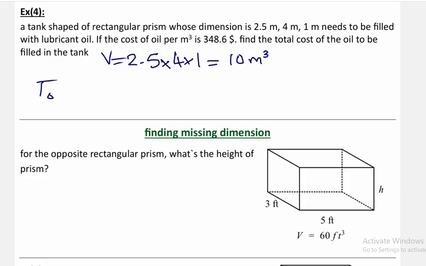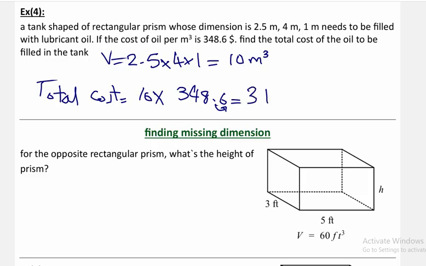Then the total cost will be 10 times 348.6, and this equals, simply move the decimal rightward 1 digit, $3,486. That's it.